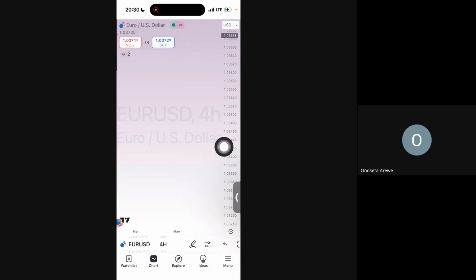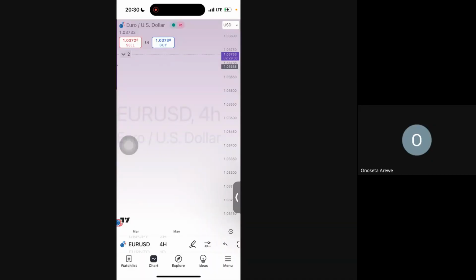So for you to get €1, you need 1 point whatever digits you're seeing here. Current price is this. For you to get €1, you need this 1.03 blah blah blah USD. So you can definitely not be calculating this in USD or cents. So what we use is pips.